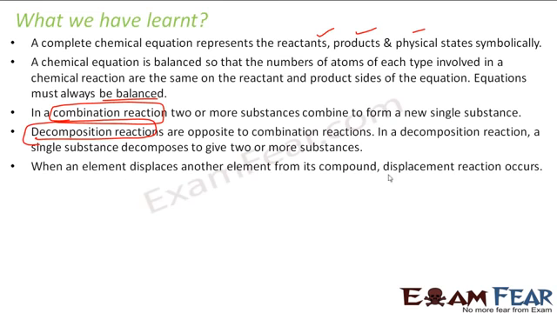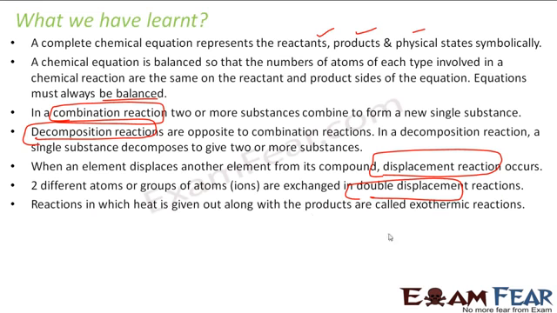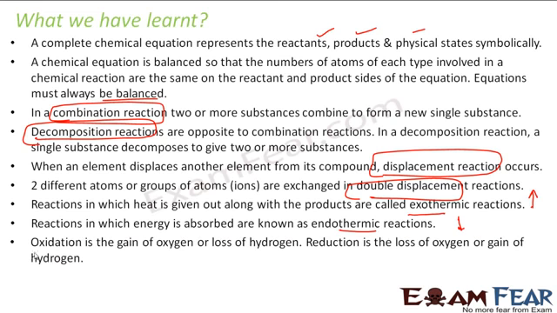In a displacement reaction, one element displaces another. In a double displacement reaction, both the elements swap, right? The reaction where heat is given out is called exothermic. The reaction that requires heat is called endothermic, right? We have learned that oxidation is the process of gaining oxygen or losing hydrogen, and reduction is the reverse process of losing oxygen or gaining hydrogen. That's what we have learned.